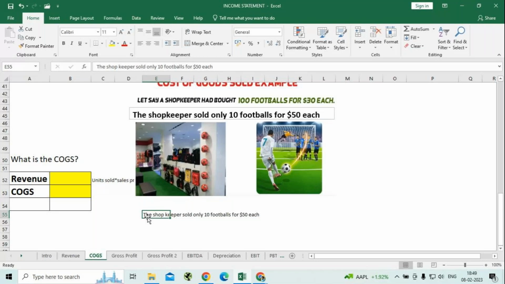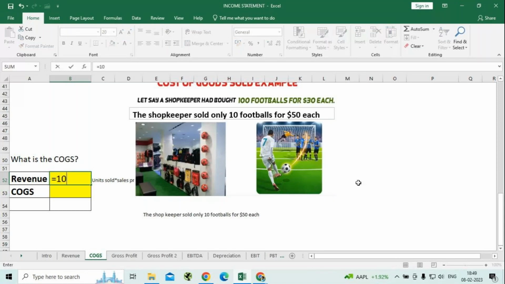Okay, so I hope you people have got confused. Here it is saying that the shopkeeper purchased 100 footballs for 30 rupees each, so the total purchase was 100 into 30. But they made sales of only 10 footballs, so that is 10 quantity, each sold at 50.